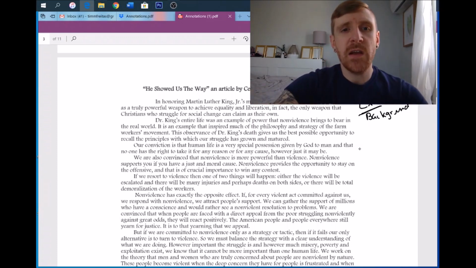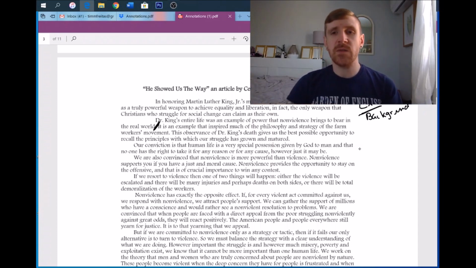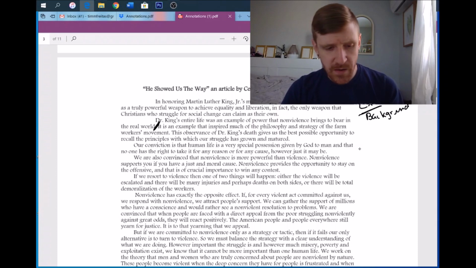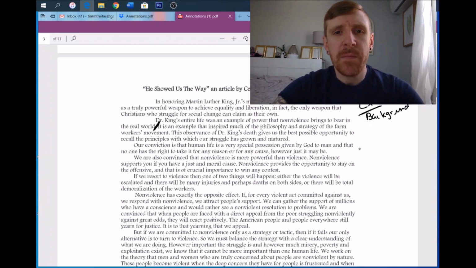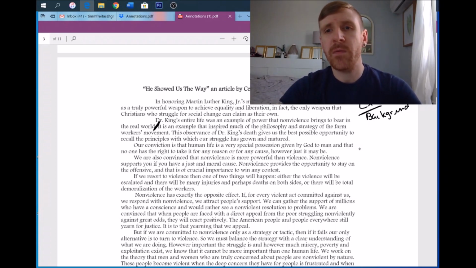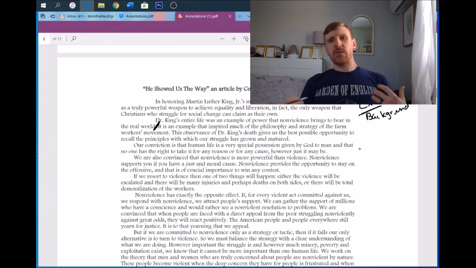What's really nice here is I'm going to mark this for our kids, because this is a great example of where the partition shows up. He's now equating the farm workers movement and Dr. Martin Luther King, so we see people getting connected with this figure.